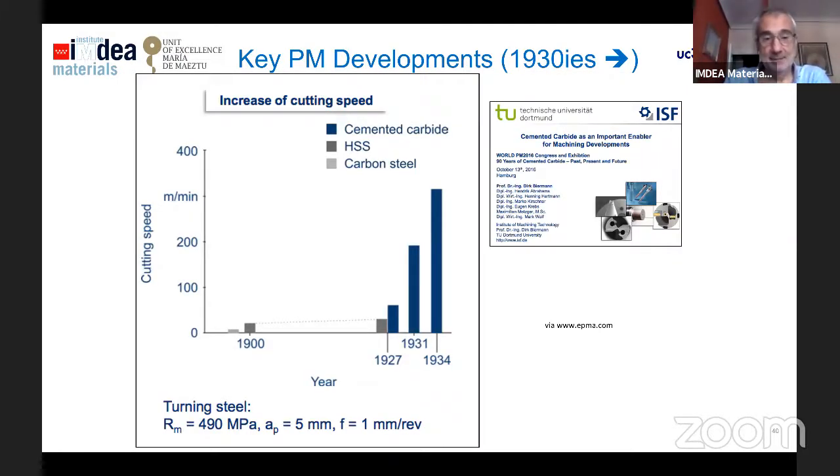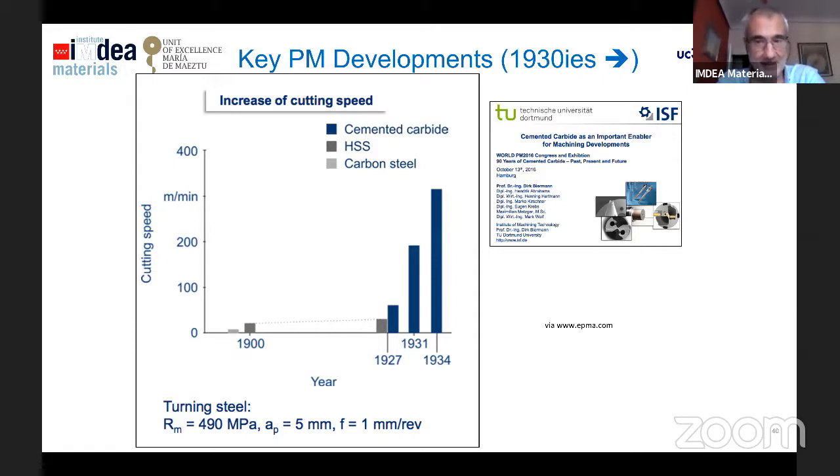So it was an important milestone, not only for powder metallurgy, but also for the industry in general, because the cutting speed increased by many orders of magnitude. In the early 20th century, we could cut metals only at very low speed.